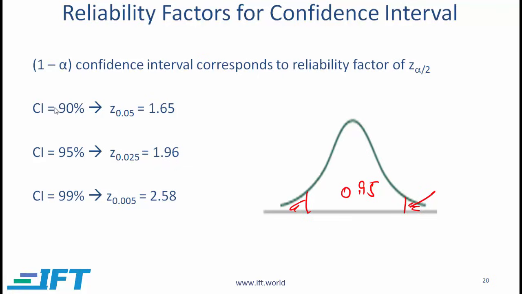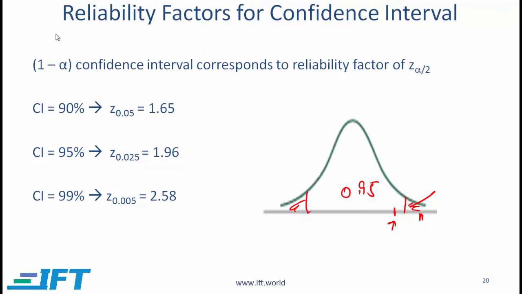If your confidence level is 90 or 0.9, then obviously the z value will be smaller, and that is 1.65. And if your confidence interval is 99%, then the z value will be larger, 2.58 to be specific.